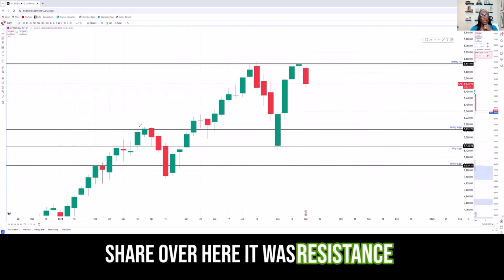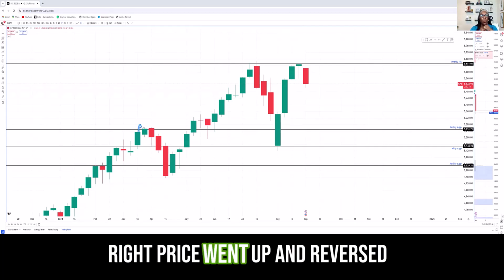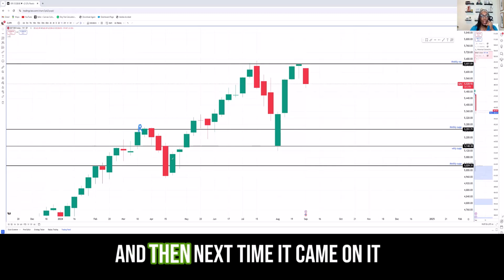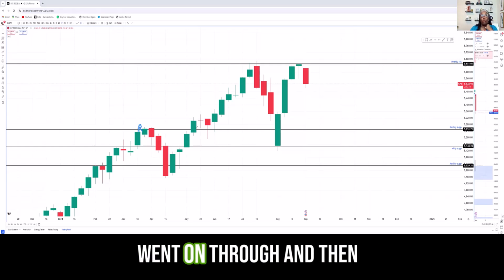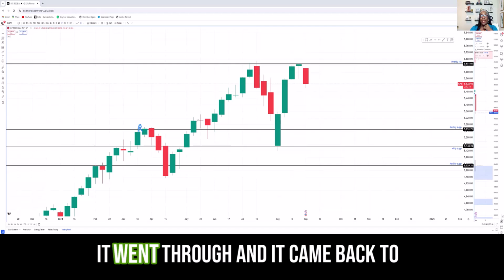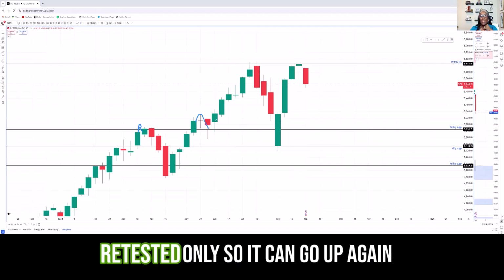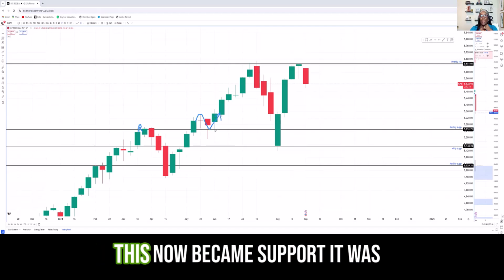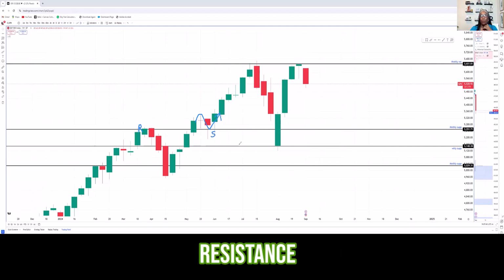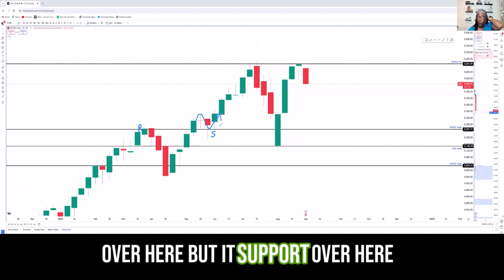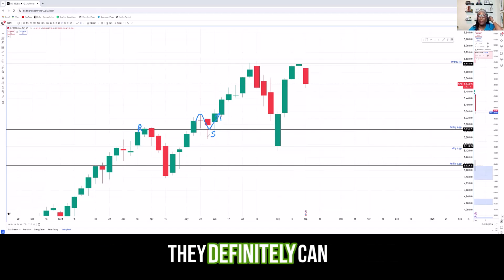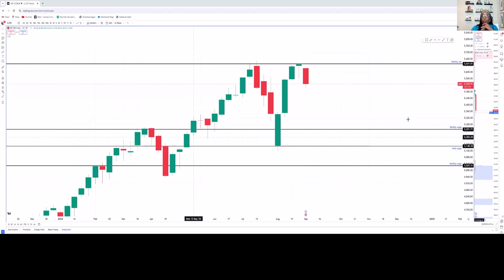Price went up and reversed. And then next time it went on through, and then it came back to retest it only so it could go up again. This now became support. It was resistance over here, but it's support over here. They definitely can flip.